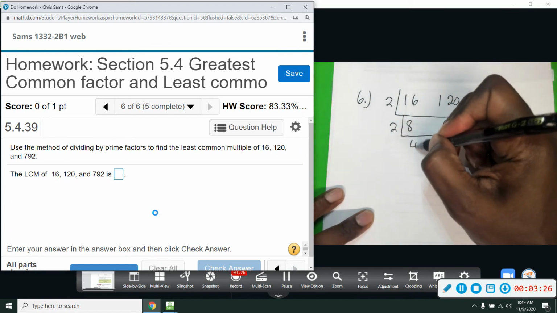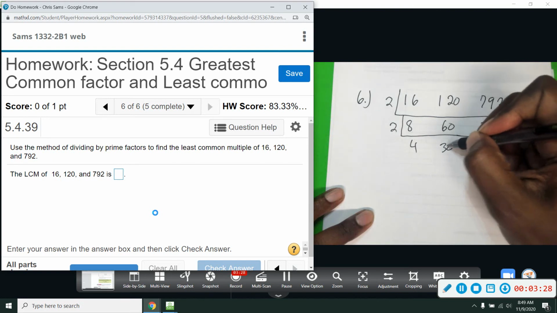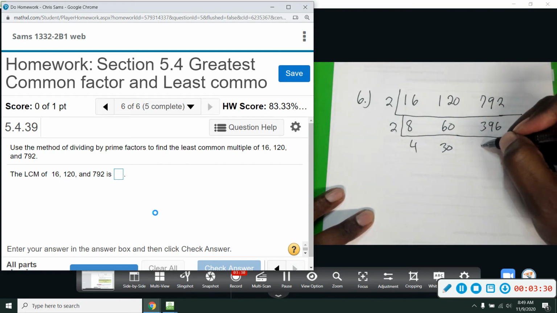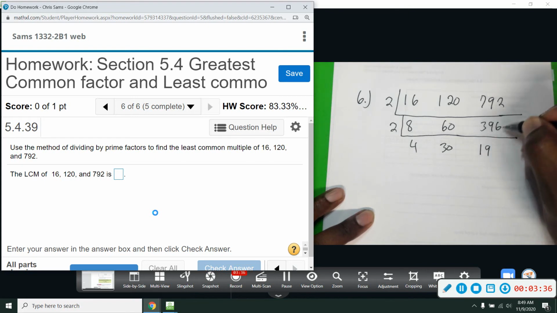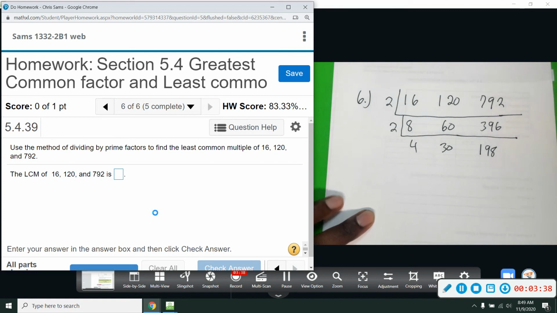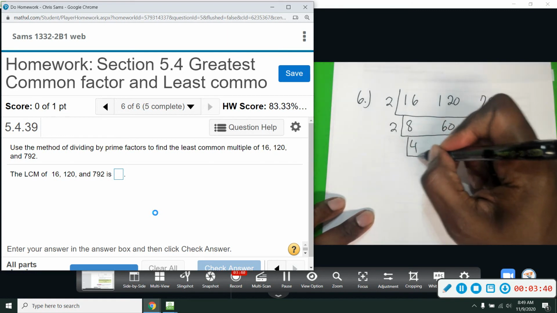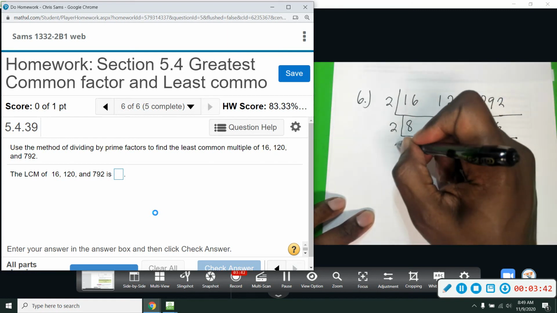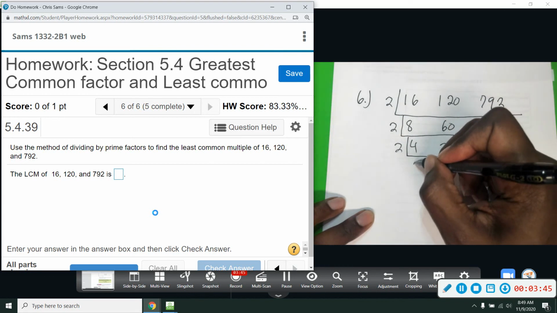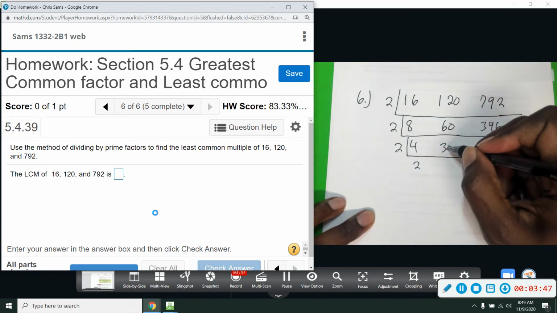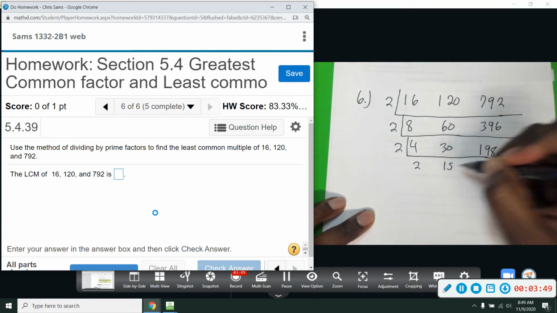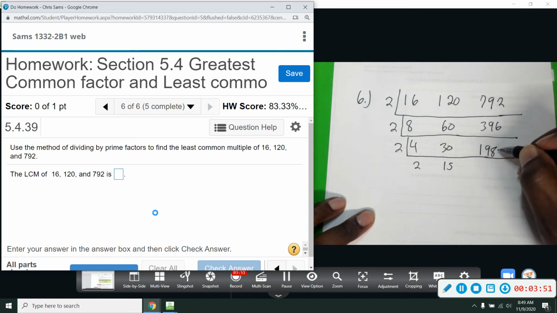That will give us 4, 30, and then 9, 18, 8. All right, still all even, so we can do 2 again. Divide by 2, that gives us 2, gives us 15. Divide by 2, that's almost times 200, so 99.